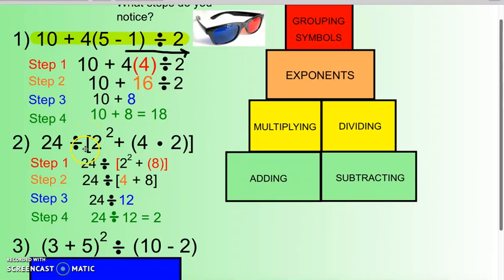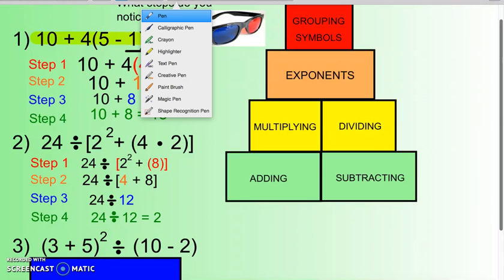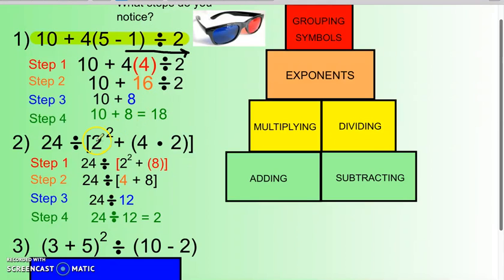We need to do what's inside the brackets, and we need to treat this whole expression all by itself. And so do you notice there's an expression inside here? There's a math sentence, and we need to treat it by itself. So we need to do this entire pyramid with this expression alone. And so the 8 comes from doing the parentheses. So 4 times 2 is 8, and that's where the 8 came from.